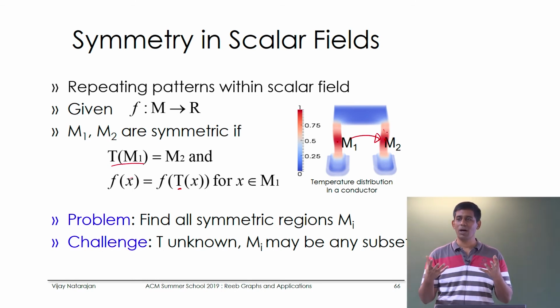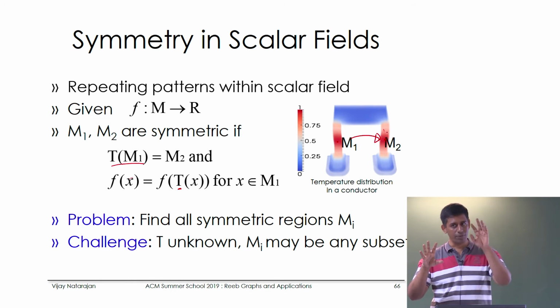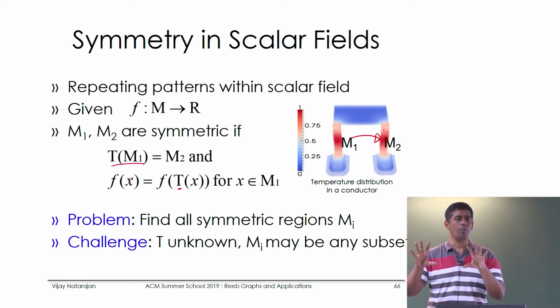You can imagine this as finding all copies. Let's say you have two lungs. The distribution of blood vessels in one is a copy of the distribution in the other. I want to make sure that the geometry is a copy of the other, and in addition that the function value distribution is also a copy.